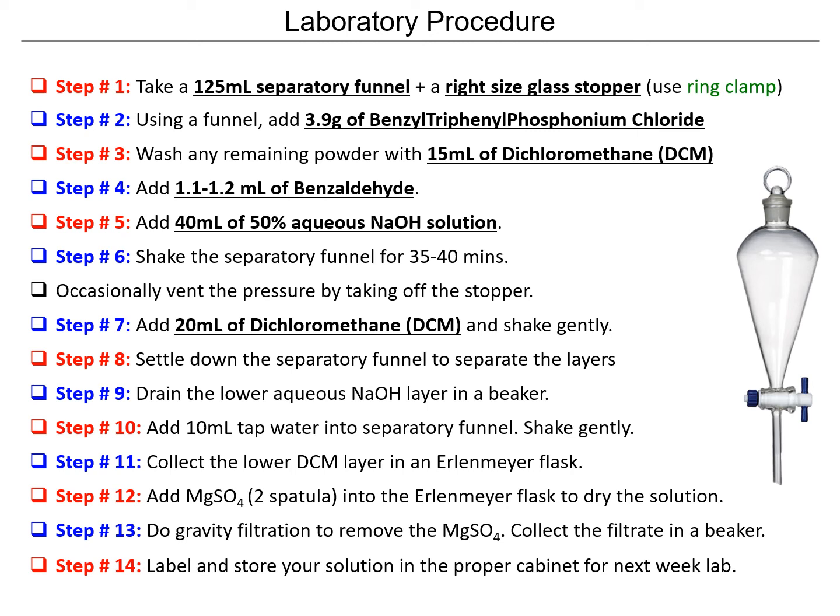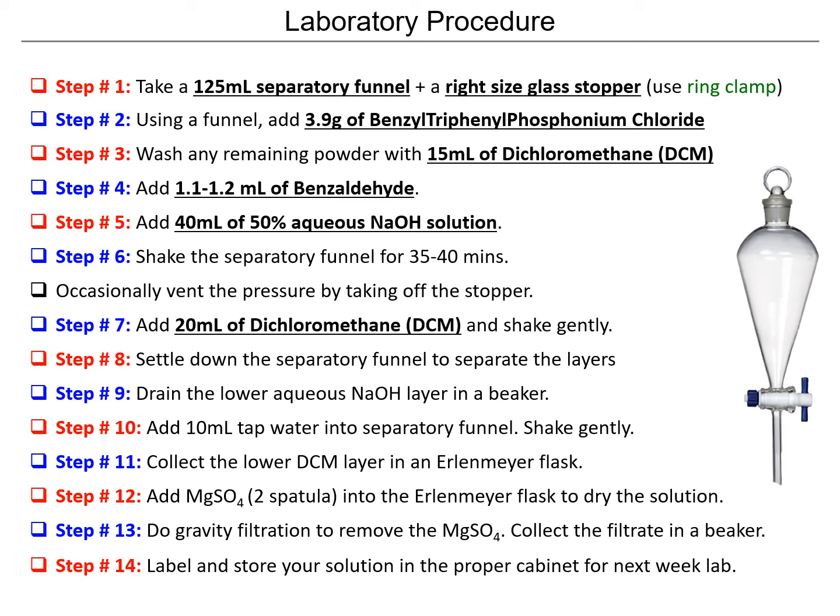This is really important to know because there is a lot of confusion considering that nothing has color in this reaction. We're going to add 10 mL of tap water into the separatory funnel and shake gently. This time, the water is less dense than the DCM since it doesn't have any salts dissolved in it or any NaOH. So we collect the lower DCM layer in an Erlenmeyer flask.